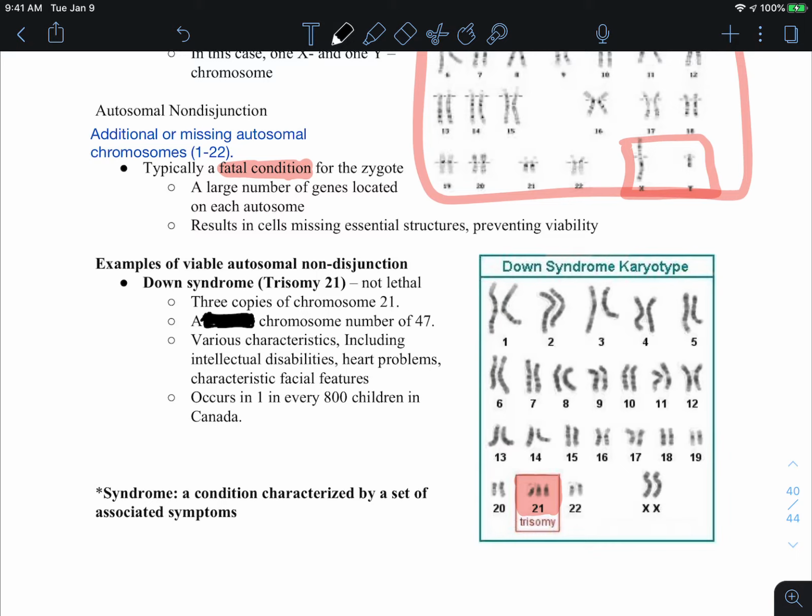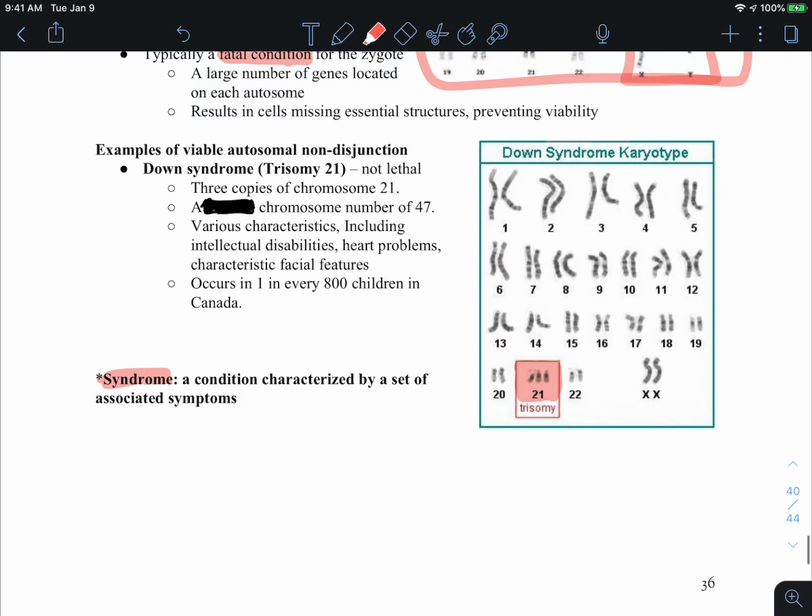It is categorized as a syndrome, and if you're not aware what a syndrome is, it's a condition characterized by a set of associated symptoms, and the symptoms are associated, so they aren't guaranteed. They might have those symptoms, they might not have those symptoms, but this set of symptoms are all associated with the same instigating factor.